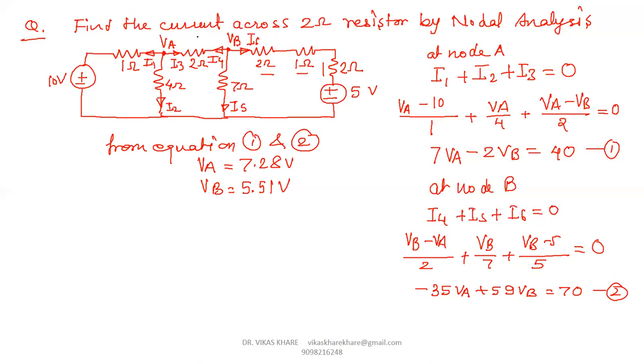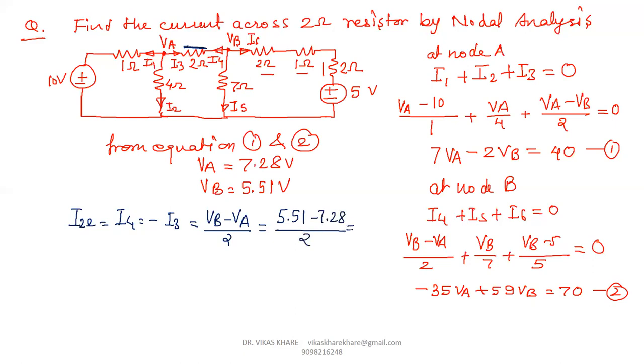First we identify the current across this 2 ohm resistance, which is I2 ohm equal to I4, equal to minus I3. I3 is VB minus VA divided by 2, so I4 is 5.51 minus 7.28 divided by 2, which is equal to 0.885 ampere.